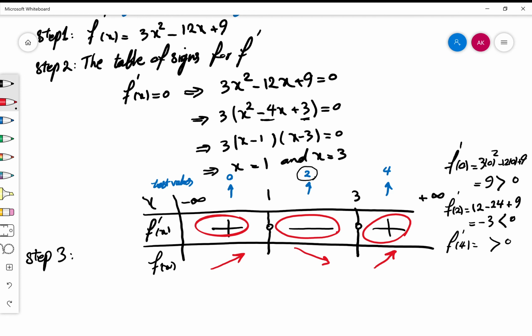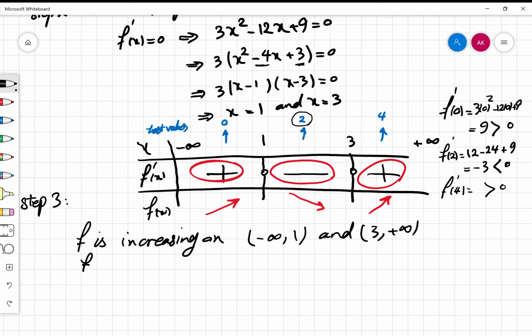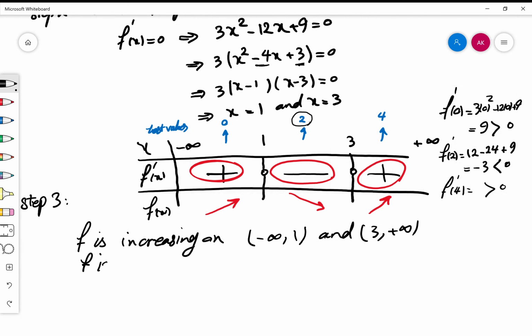What we have here is now that f is increasing on these two intervals, from negative infinity to 1 and from 3 to plus infinity, and f is decreasing on just this middle piece, 1 to 3.